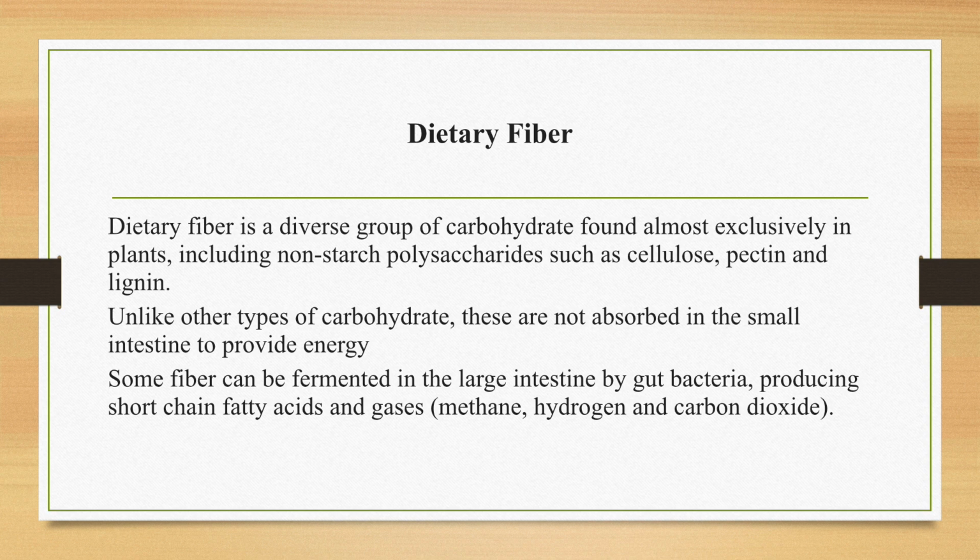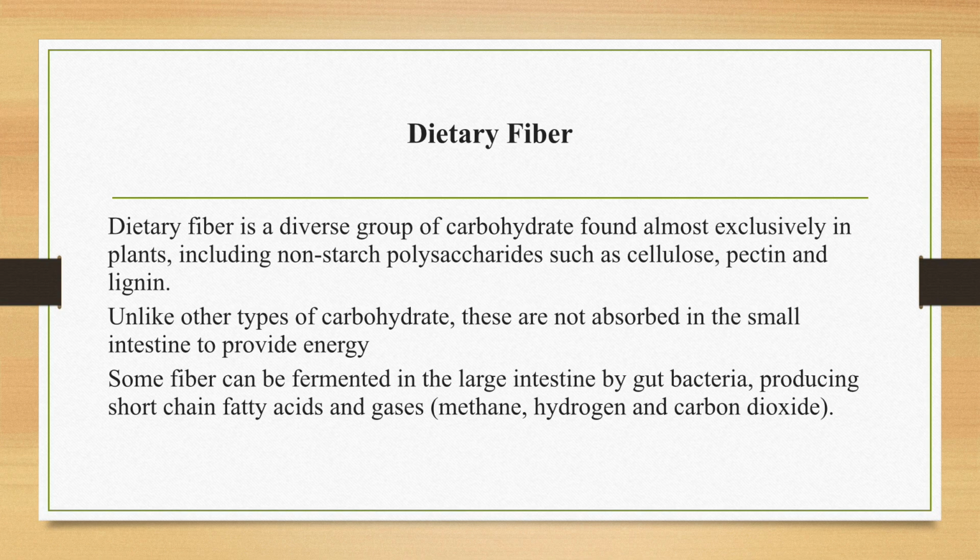These dietary fibers are not absorbed in our small intestine, but they reach our large intestine. As we know, in our large intestine, in the colon area, there are good bacteria present that we sometimes call microbiota, microorganisms or gut bacteria.